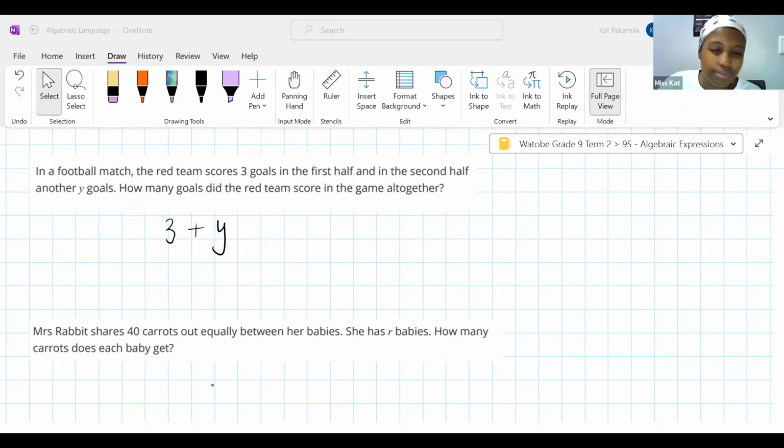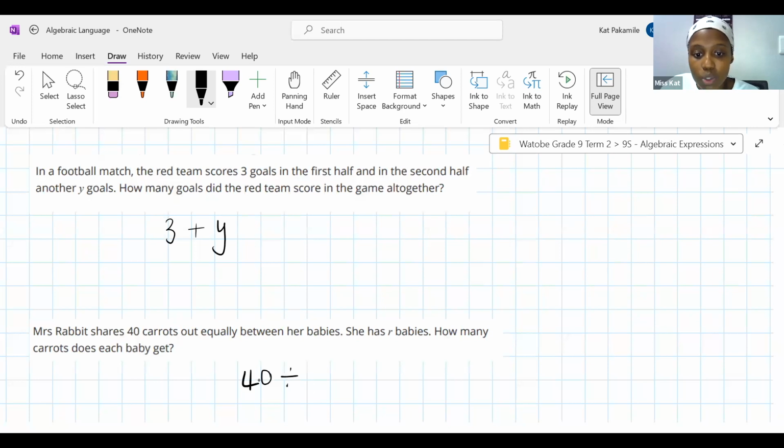So 40 minus r. Think about it carefully. Is sharing subtraction? Division, it is. Sharing means divide, because you're going to give everyone some. So you must take your 40 carrots and divide them between our babies. There we go.